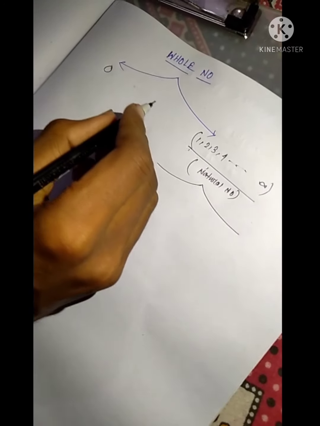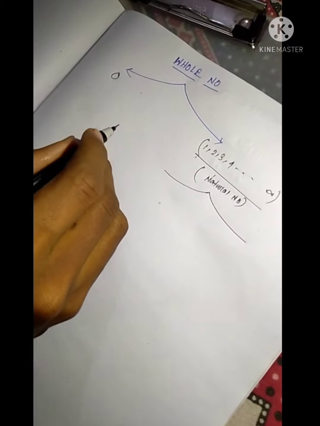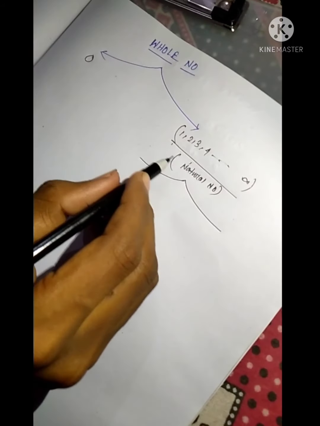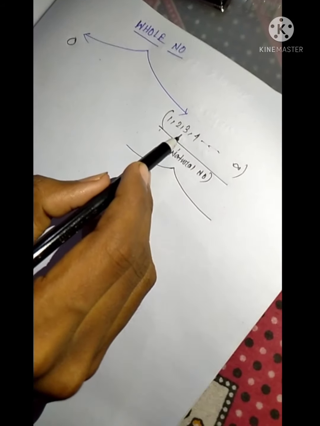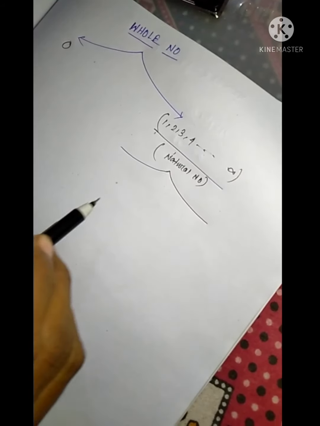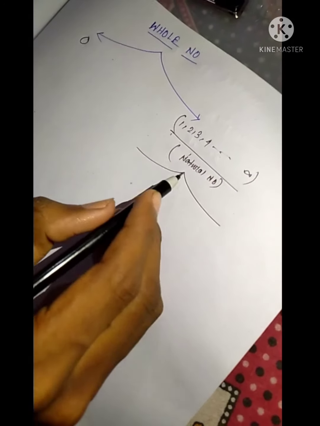Now whole number, Purna Sankhya, we divide it into two main categories. One is 0 and another one is 1, 2, 3, 4 to infinity. This part 1, 2, 3, 4 to infinity is also known as natural number. We divide this natural number into two main categories.